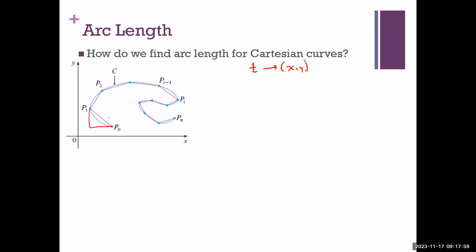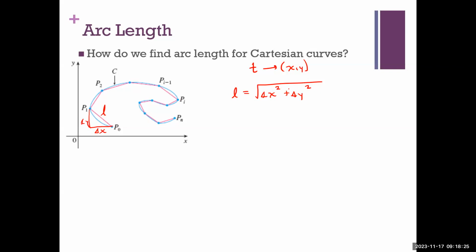How do I find that length? I'm going to call this L. So L is equal to what? The square root of delta x squared plus delta y squared.